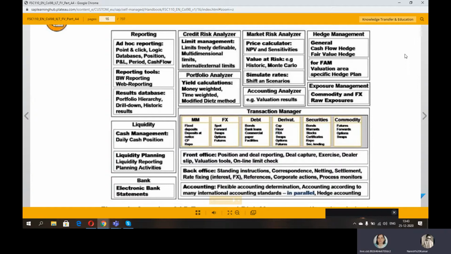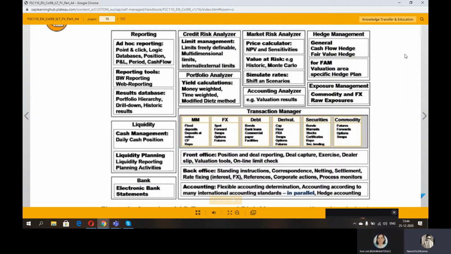When it comes to the accounting prospect: flexible accounting determination, accounting according to many international accounting standards, that is IFRS, in parallel hedge accounting. Based on this, the liquidity will be taken by cash management, daily cash positions will be there, and liquidity planning based on liquidity reporting, planning activities.